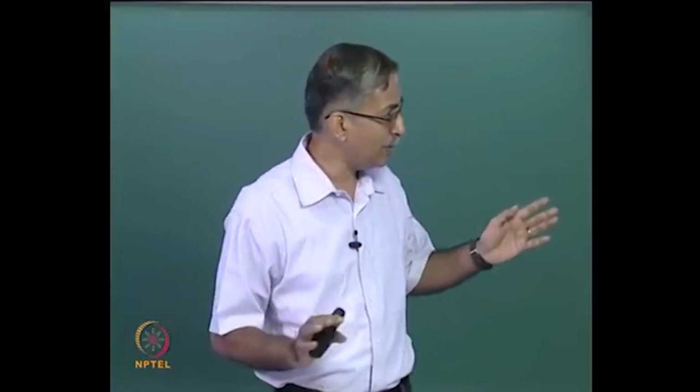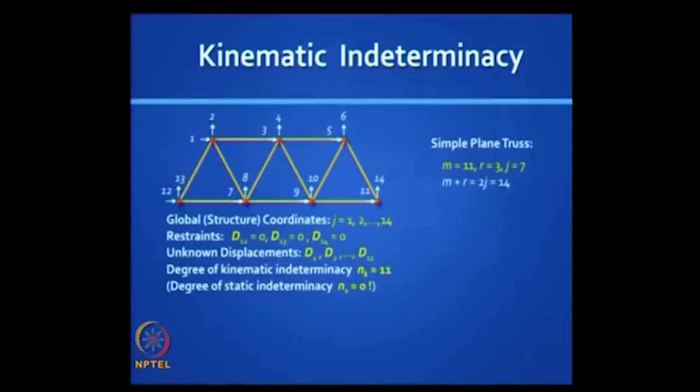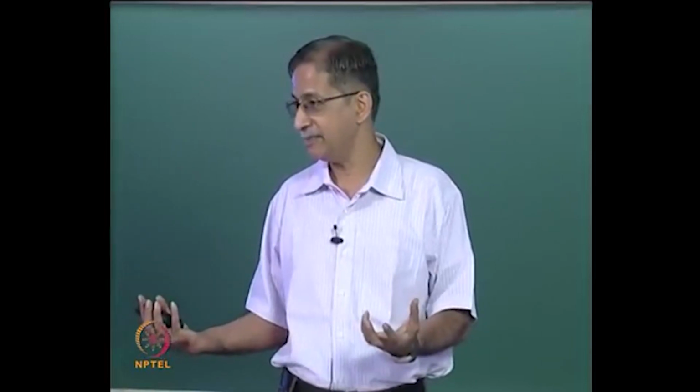Now in this problem you have 7 joints, and in each joint you can have 2 independent degrees of freedom, that is in this case a horizontal and a vertical translation, and so the degree of kinematic indeterminacy you say here is 14, except at those locations where you have provided supports, because the support ensures that there is no translation.